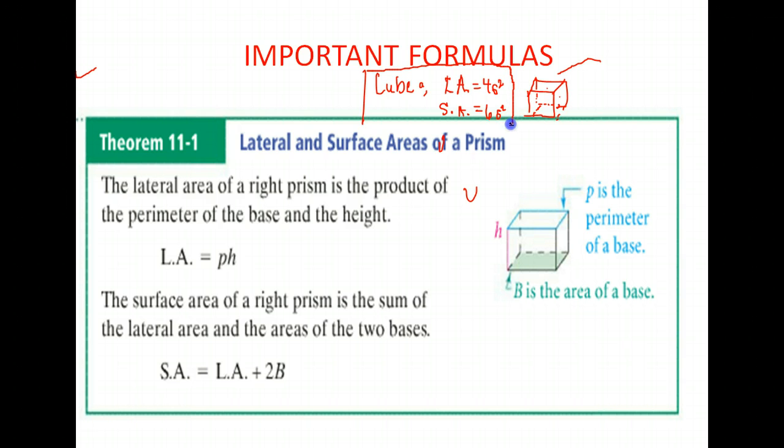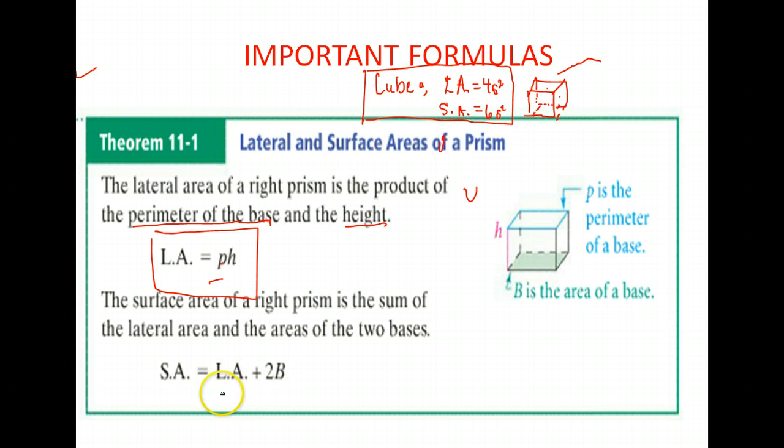So you might want to write this formula down. Again, it only works for cubes, but it does make it a little faster than using just the regular formula for a prism. You do want to have all of these formulas written down and what each letter means. So lateral area is P times H. P is the perimeter of the base, and H is the height.